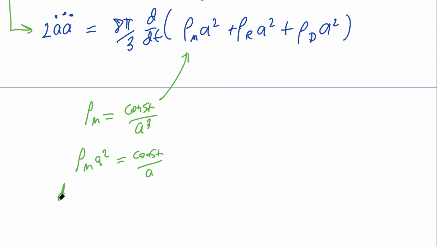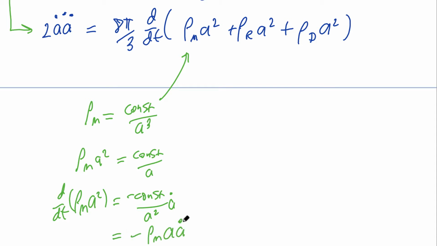Now if we differentiate this with respect to t, we have minus the constant over a squared times a dot, but the constant over a cubed is rho m, so this is equal to minus rho m times a dot. And now recall that rho r is proportional to 1 over a to the 4th power.